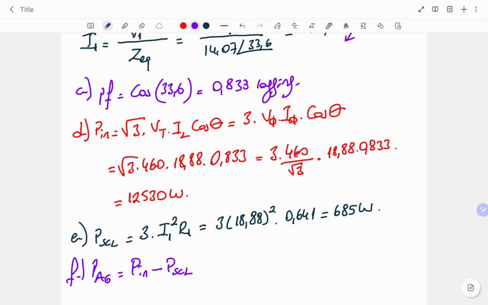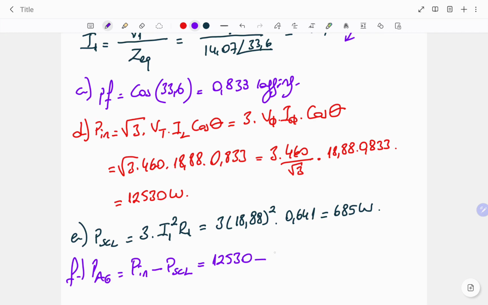In the equivalent circuit, we changed its order. We transferred it, we lumped it with the rotational losses. Because of this, in here, we cannot subtract it. So the expression must be input minus stator copper losses. But if we continue with the generic version of the equivalent circuit, core losses must also be used in this expression.